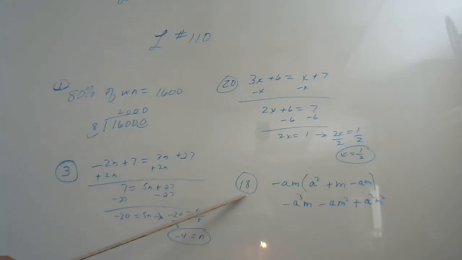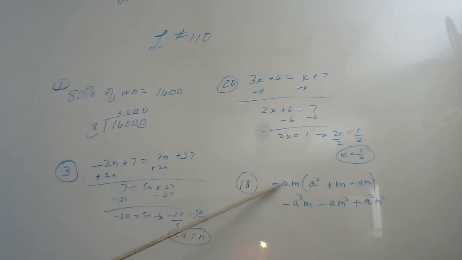These type problems I'm seeing a lot of you miss. This is distributive property. Remember with the distributive property, we multiply times each part. So I have negative am times a squared. There is a total of, here's 2 a's, here's another a, so it's cubed, negative a cubed m.